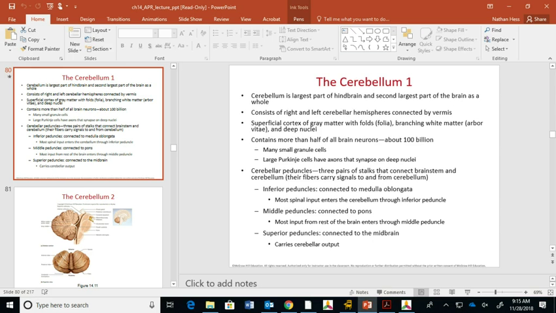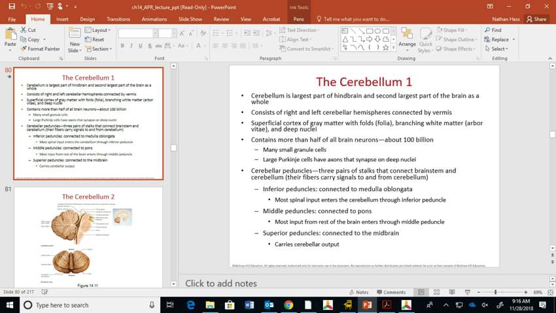It has two hemispheres, just like the cerebrum does, connected by the vermis, this central canal running through it. It has more than half of the brain's neurons, about 100 billion neurons. The cerebellum means little brain.